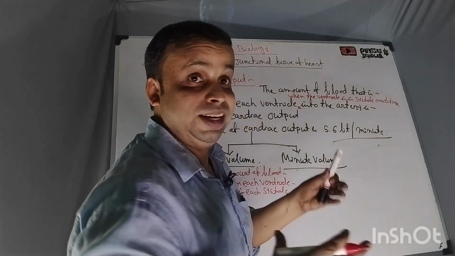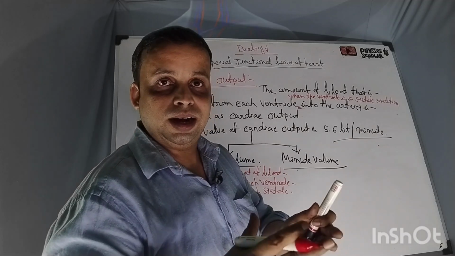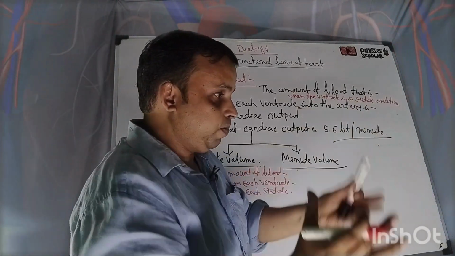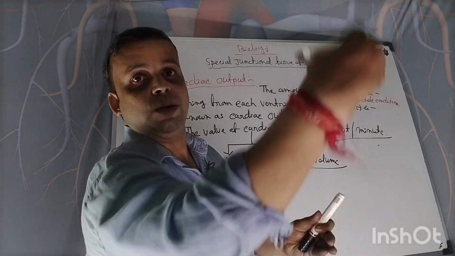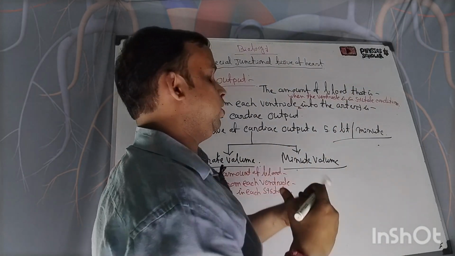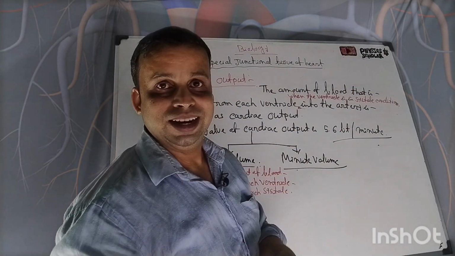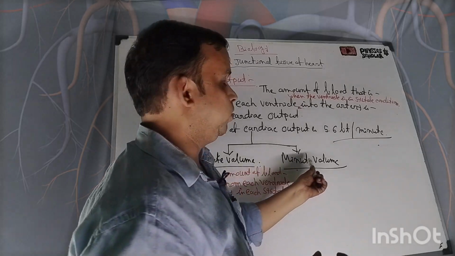What is stroke volume? In each systole, when the ventricle is contracting, the amount of blood entering into the artery is known as stroke volume.